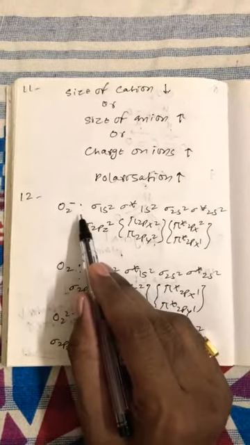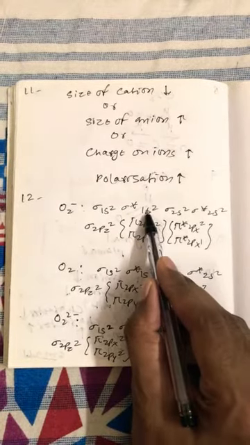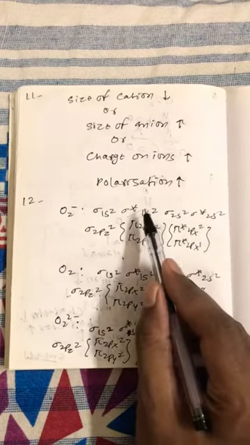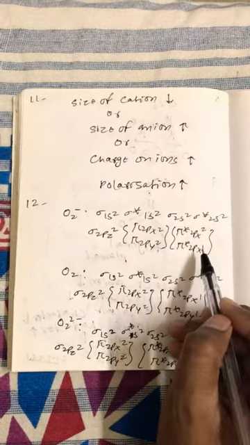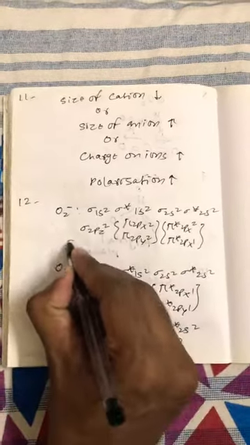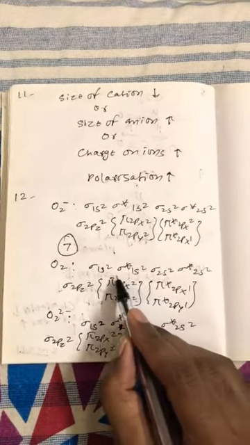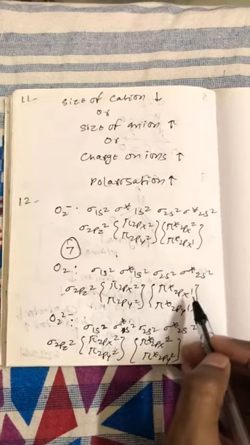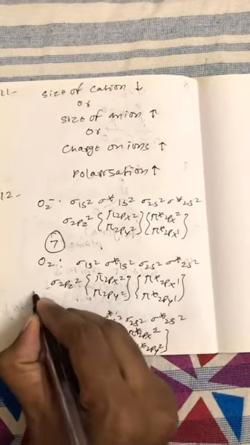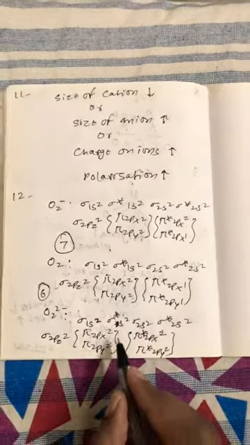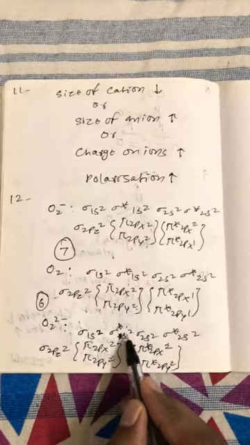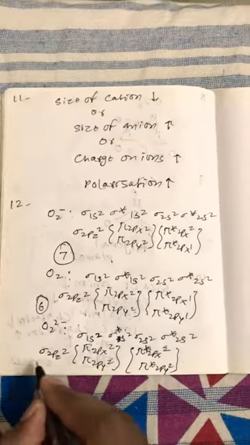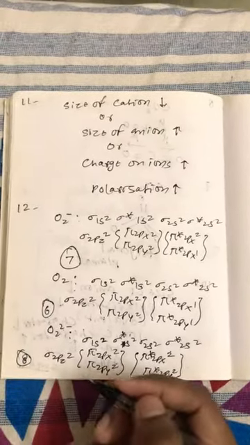In question number 12, we have to determine number of anti-bonding electrons in all three. So in O2 negative, we have 2 plus 2 plus 3. So basically 4 plus 3, 7 electrons. In this case, we have 2 plus 2, 4 plus 2, 6 anti-bonding electron. And in this case, we have 2 plus 2, 4 plus 4, 8 anti-bonding electron.